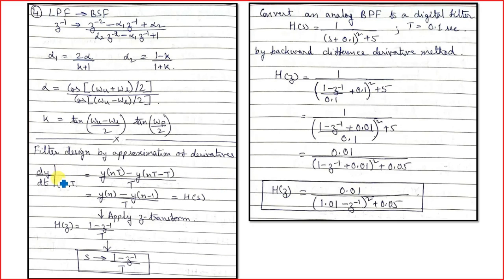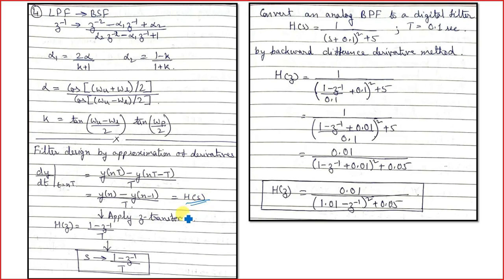So from here we get dy by dt equal to y of nT minus y of nT minus capital T. So we get y of n minus y of n minus 1 divided by capital T, and this is equal to Hs.